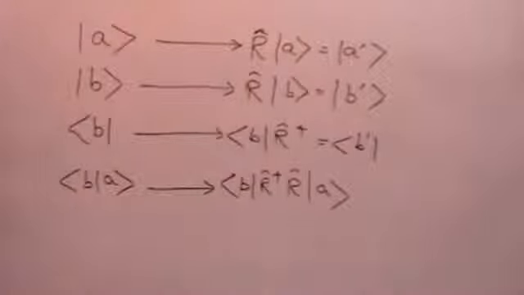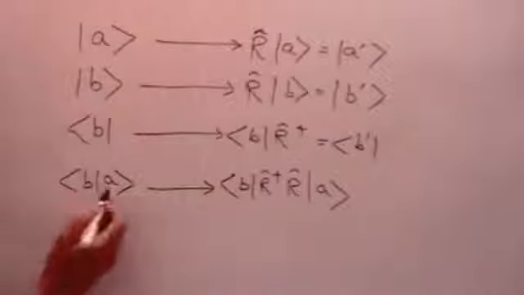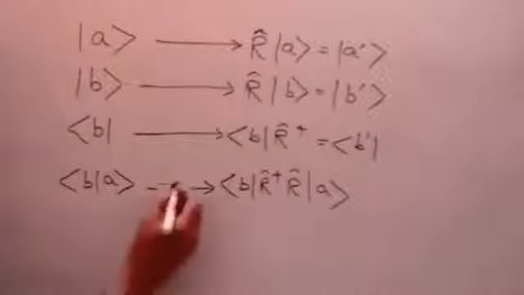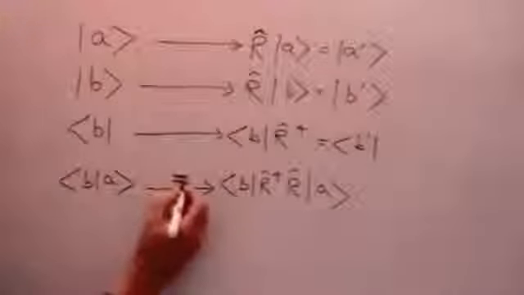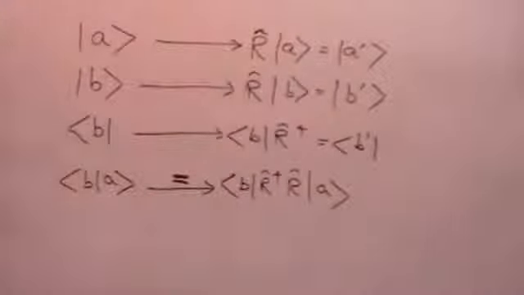So you can rotate B and A by the same rotation operator, but the inner product won't change. So BA doesn't become this term, it actually equals this term, because there is no change between them. Make that clear. They are equal.